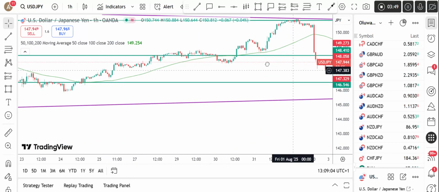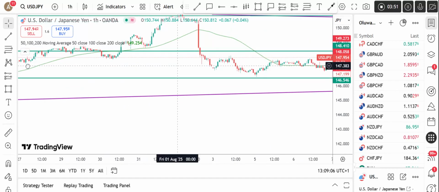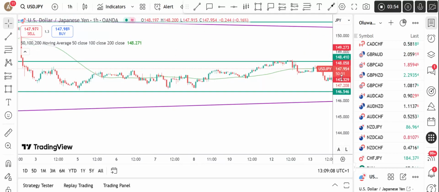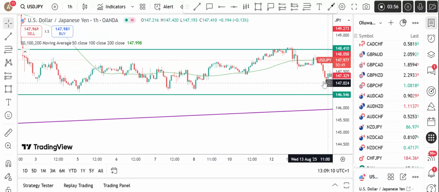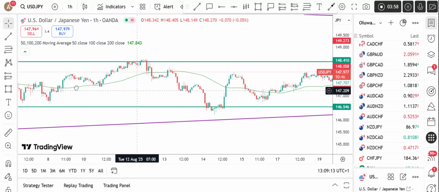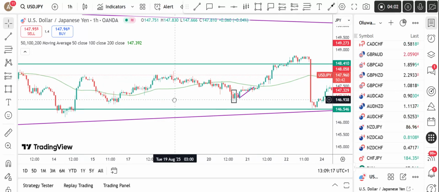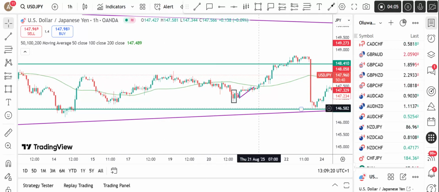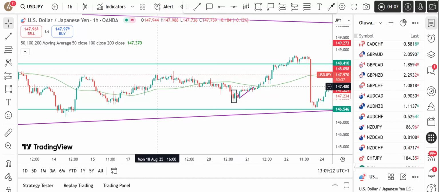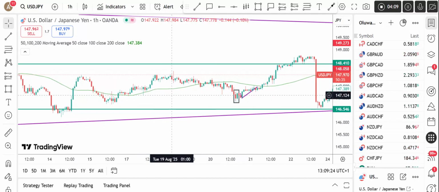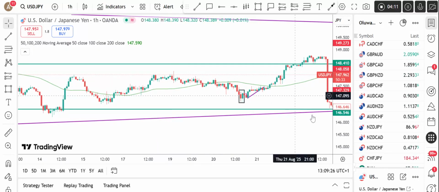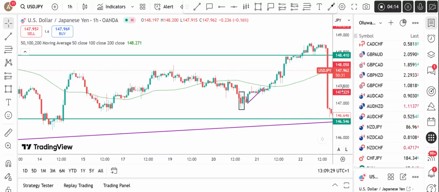Let's look for a very good example here. I think I see one here. This is an example of a bearish engulfing candlestick, though it's short. You can see another one here.